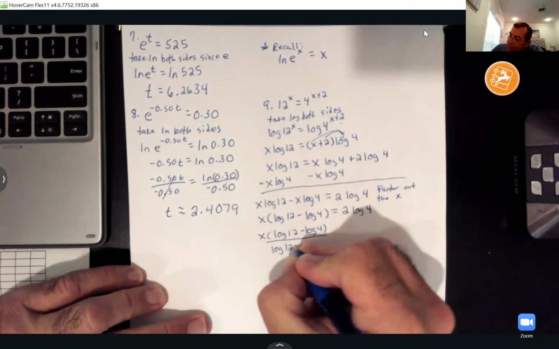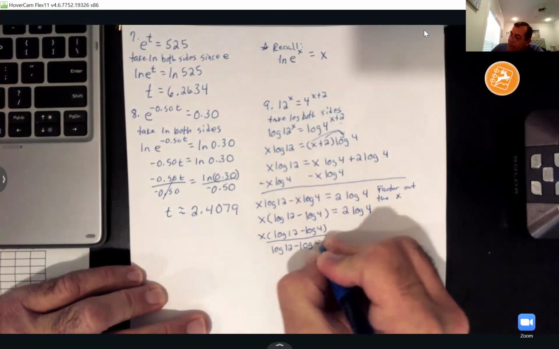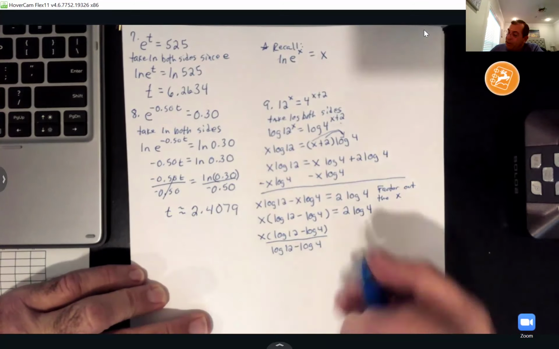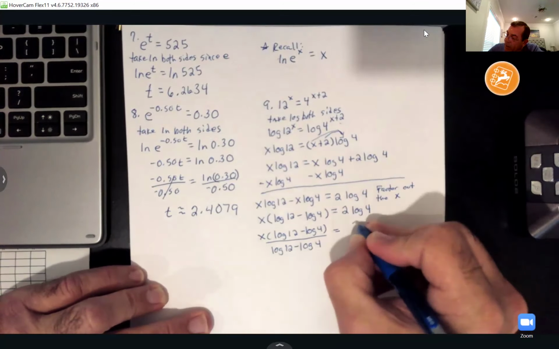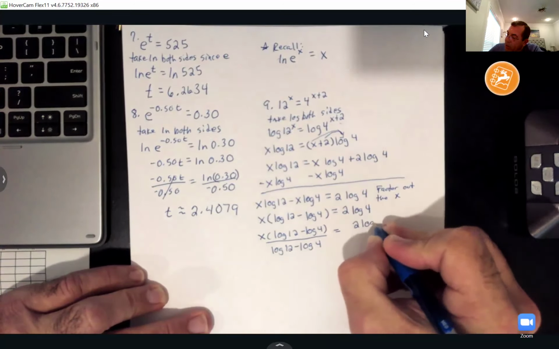So that's why they seem longer, because we got all these logs running everywhere. All right, y'all, so a 2 log 4 divided by log 12 minus log 4. So look, those cancel. I got my x.